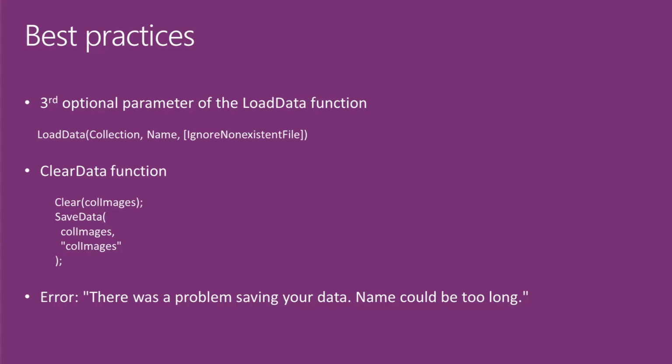The last one here is an error message that you might see when you use save data. The error message is actually pretty misleading. It says there was a problem saving your data, name could be too long. When I first ran into this issue, I thought my collection names or my local file names are too long. So I actually went through the entire app, renaming my collections, renaming my local files, and I was still running into this issue. That's when I figured out that this error comes up when the amount of data that you're trying to save is more than the limit.